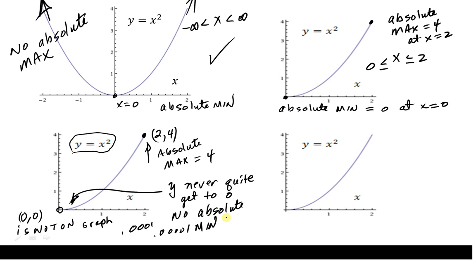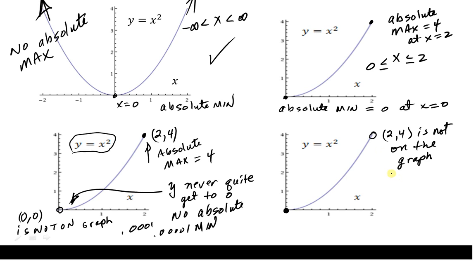The last example would be if the point (0, 0) were actually on the graph, but there was a hole in the graph at (2, 4). And we say (2, 4) is not on the graph.